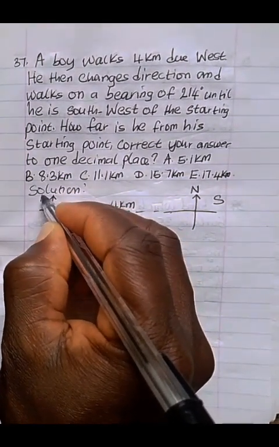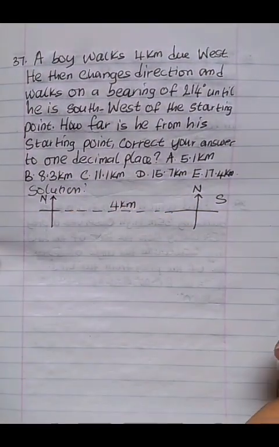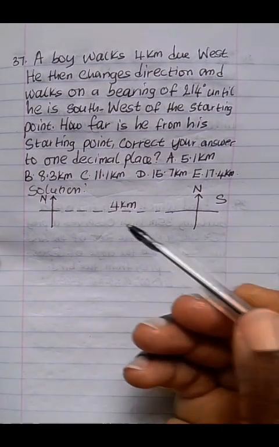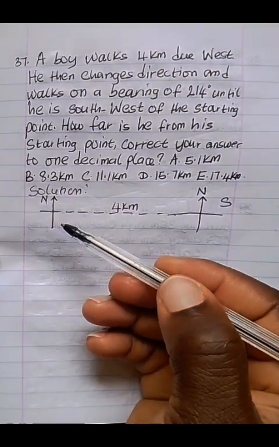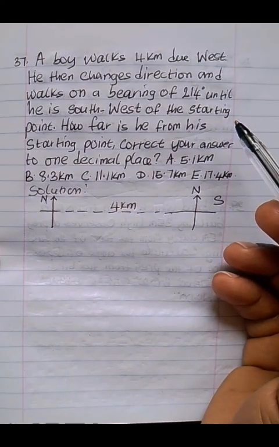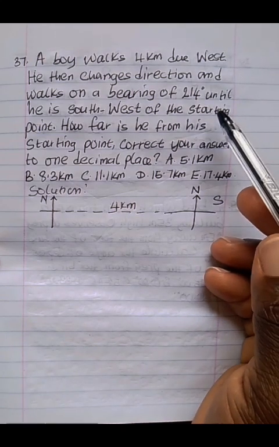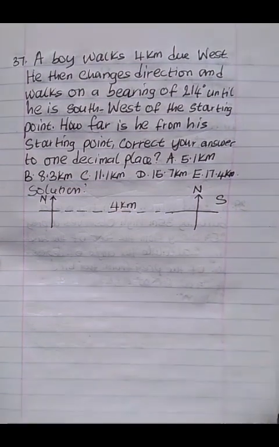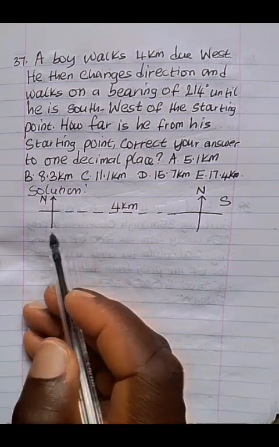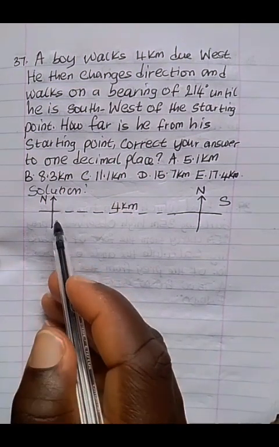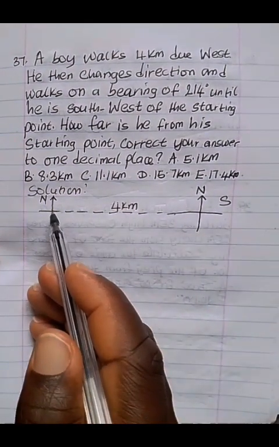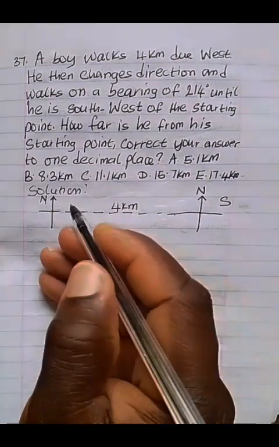Of the current location. Then he changes direction at this point and walks on a bearing of 214 degrees, which is in the third quadrant in clockwise direction. 90, 180, 270. So 214 is in this part.